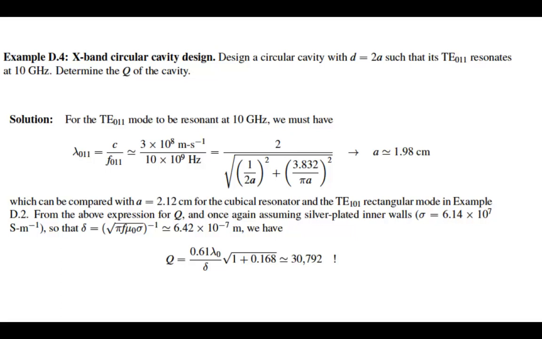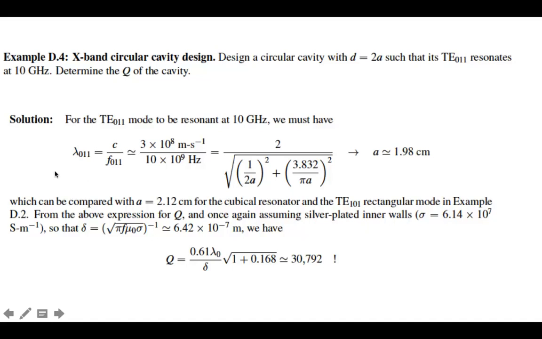But the interesting thing is, if we now assume the same kind of silver-plated walls and air, we can do a calculation of the Q of this cylindrical cavity. After substituting for the relevant terms, you find that your Q is 30,792.